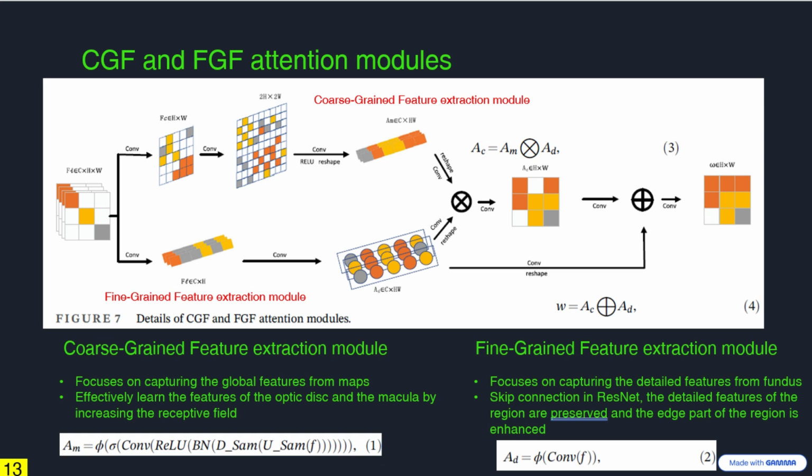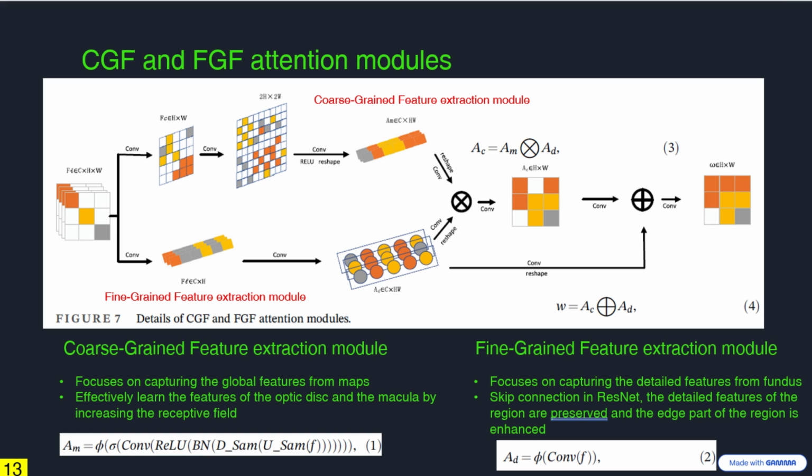Figure 7 shows the details of the CGF and the FGF attention modules. First, we will talk about the coarse-grained feature extraction module. This proposed CGF module, on the top side of this figure, focuses on capturing the global features from the maps and can effectively learn from the features of the optic disc and the macula by increasing the receptive field.